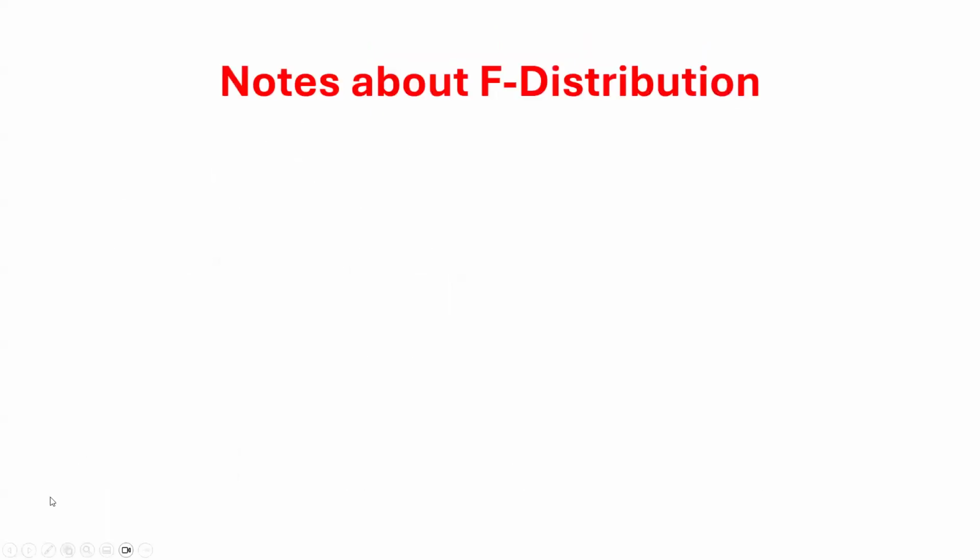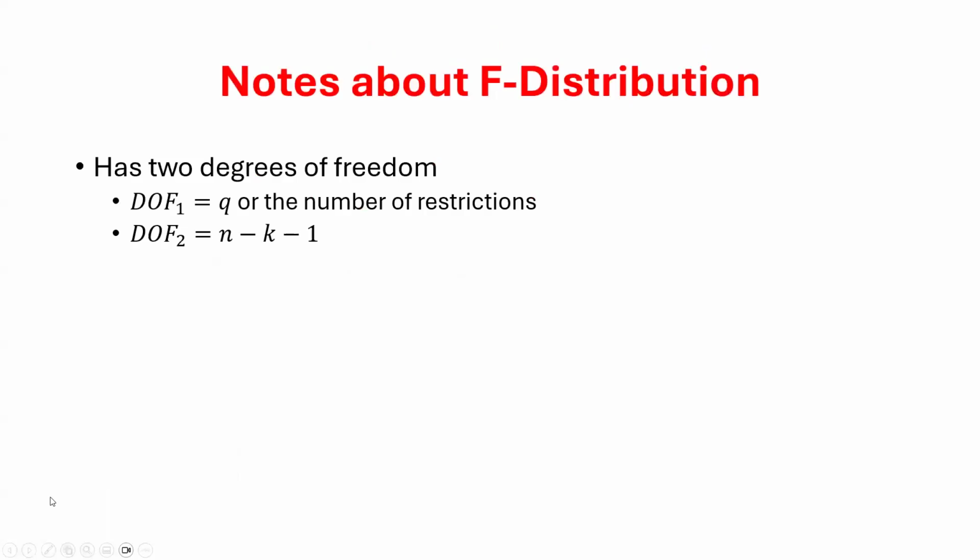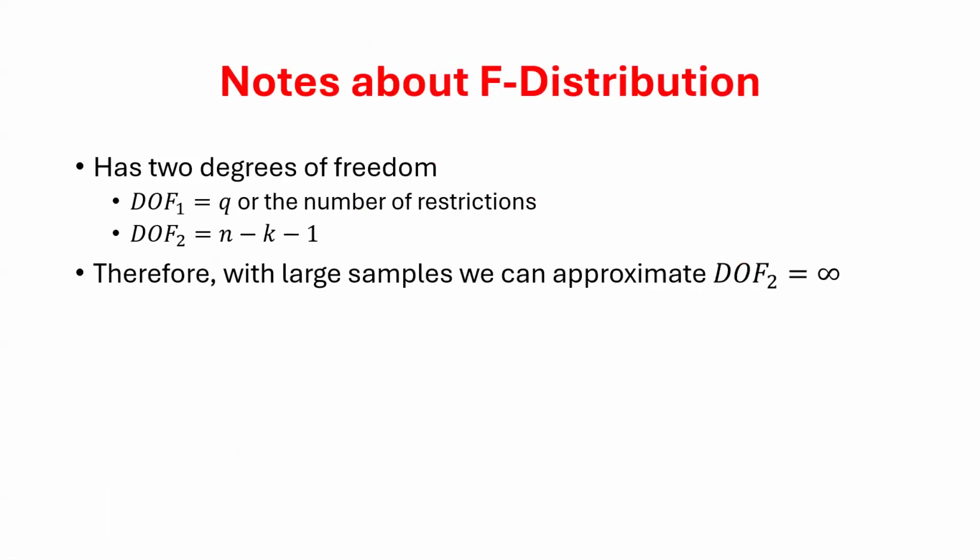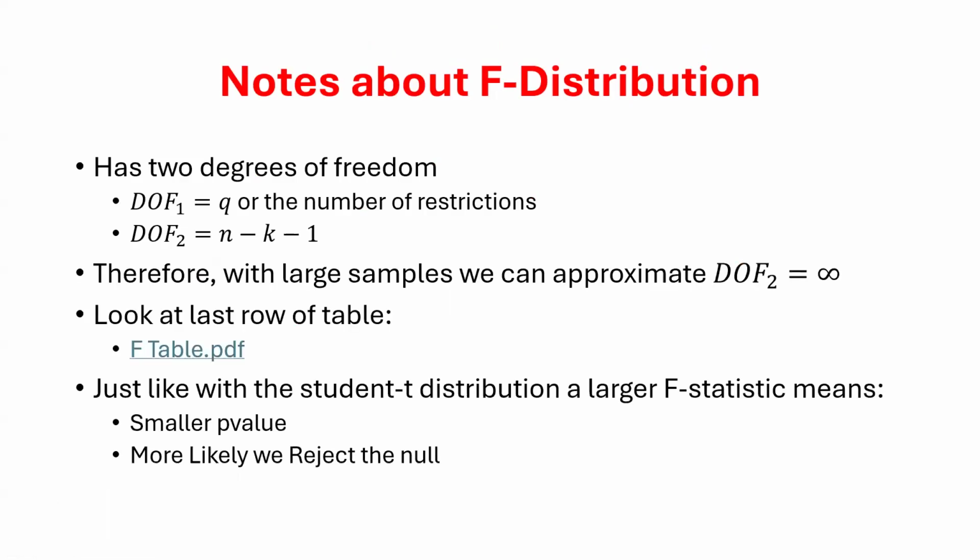So what does this look like? Now I'll mention this. We're not going to use this in anything we do, but I put a link up to the F table. That number of restrictions that was in the denominator of the numerator, and then n minus k minus 1, which was the denominator in our denominator, those are what we're going to call degrees of freedom. And the F distribution isn't one distribution.